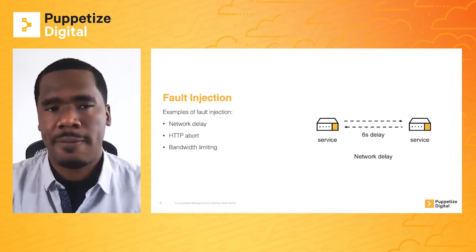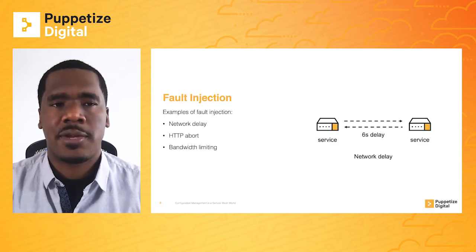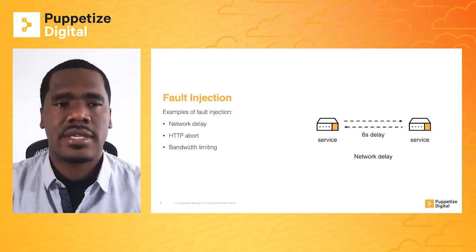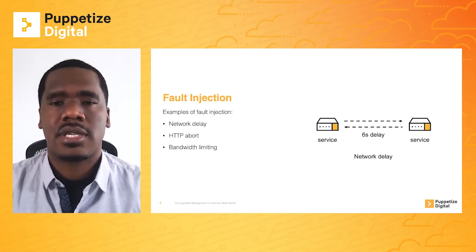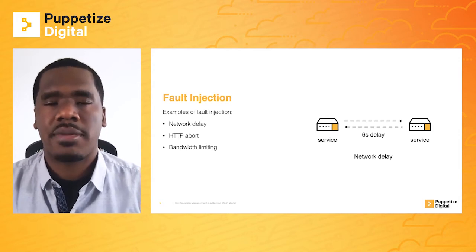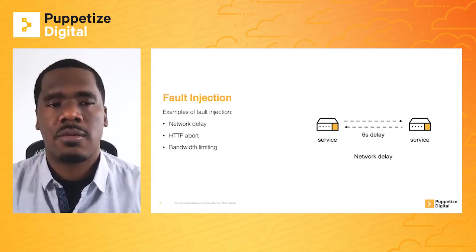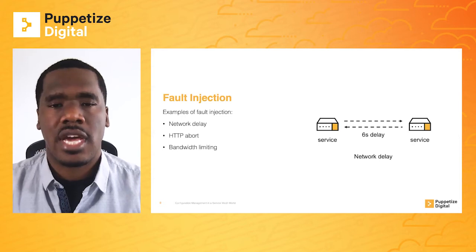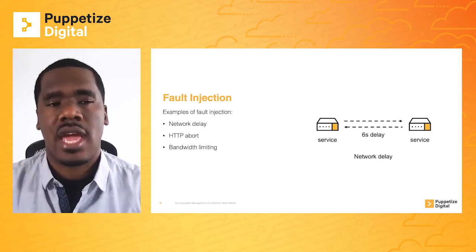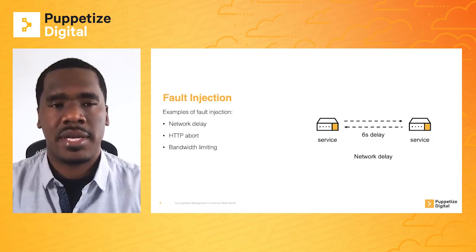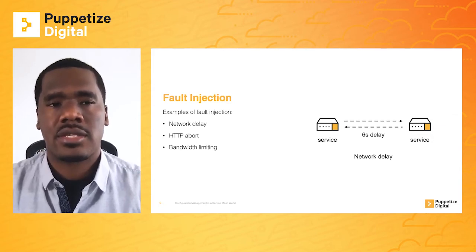and be able to handle that appropriately. A number of other options depending upon the service mesh is HTTP aborts, which allows an updated response to be replied back to the original request. So an example would be returning a 500 HTTP error code in response to a request.